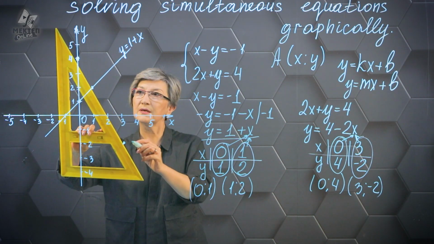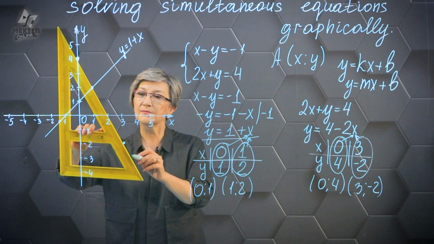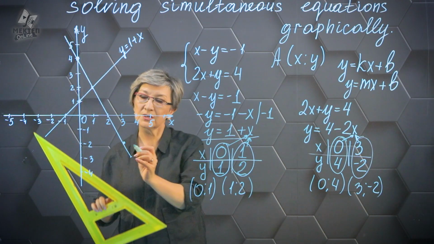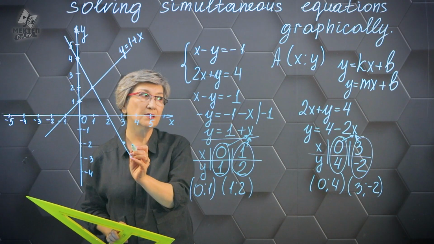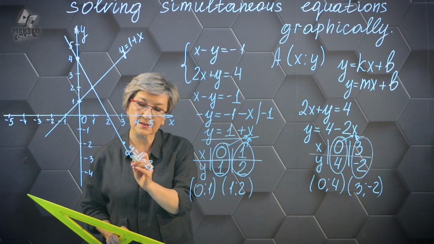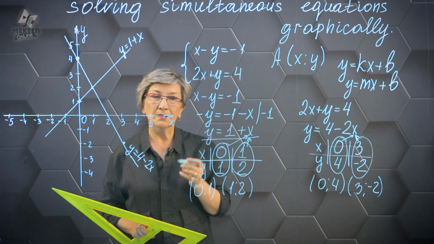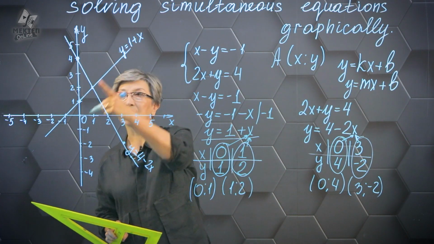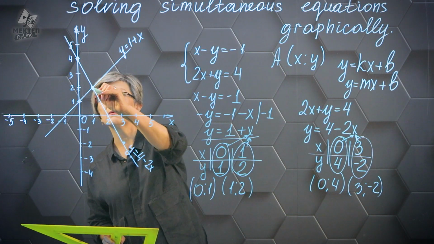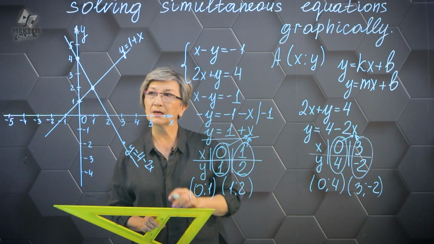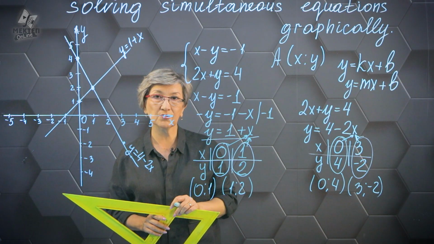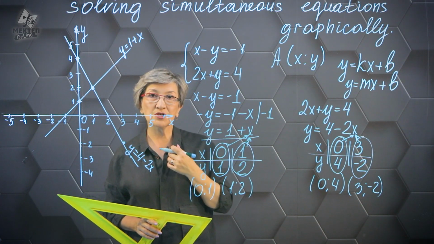Now we will connect these points. Thus, we have the graph of the function y equals 4 minus 2x. What do we see? The graphs of these 2 functions intersect at some point. This point represents the solution to our system of equations.